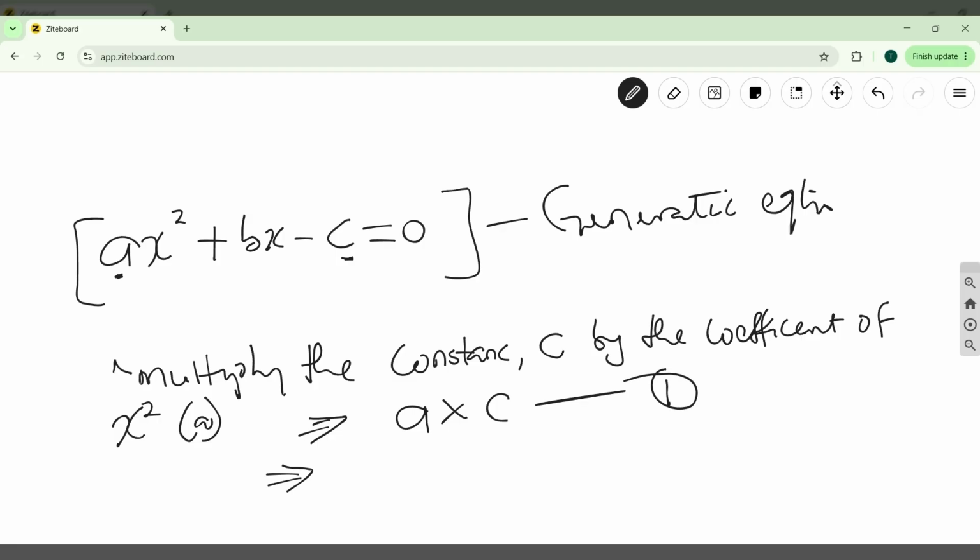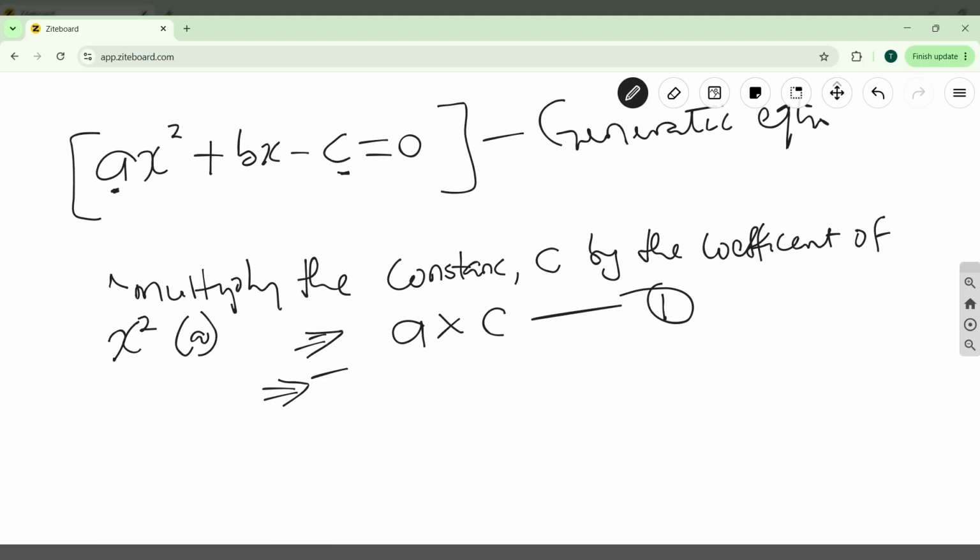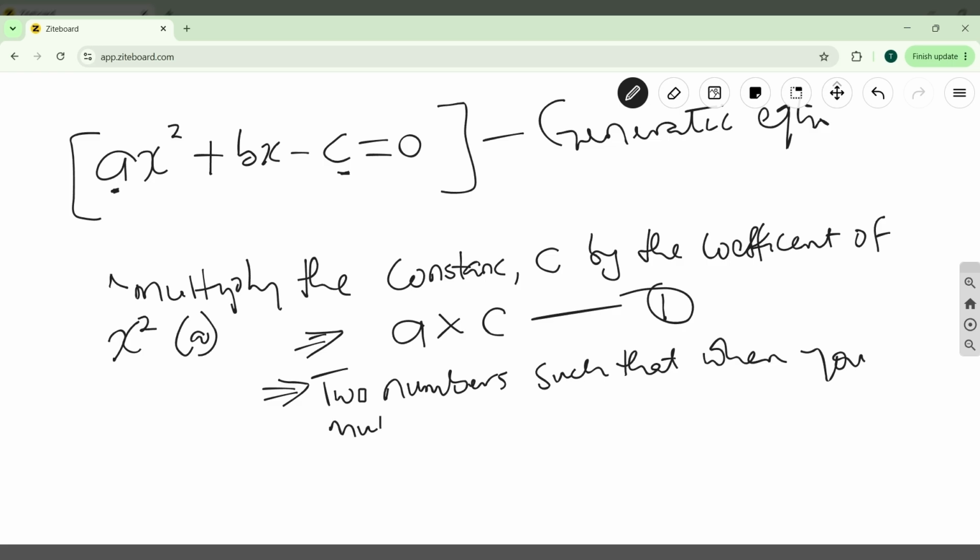And then the second step is to look for two numbers such that when you multiply a times c, let's call that you have the result as d.